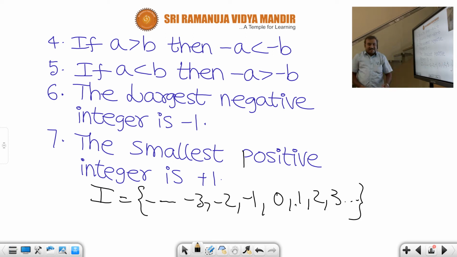In that, the smallest positive integer is 1. Negative integers start with -1, -2, -3 and so on. Among the negative integers, -1 is the greatest integer.